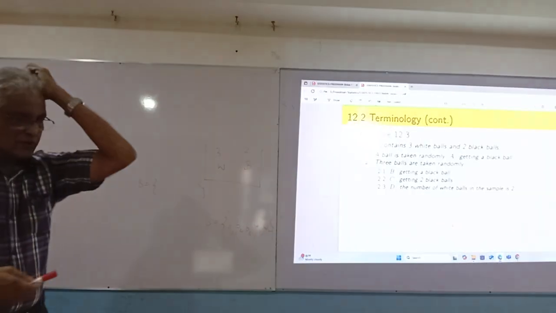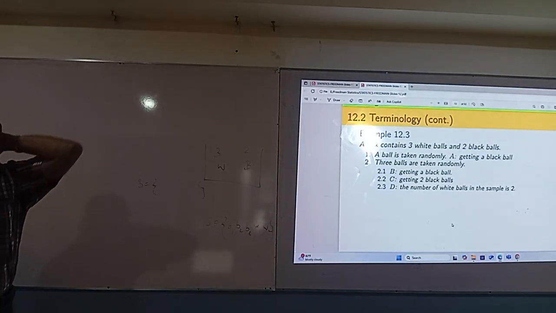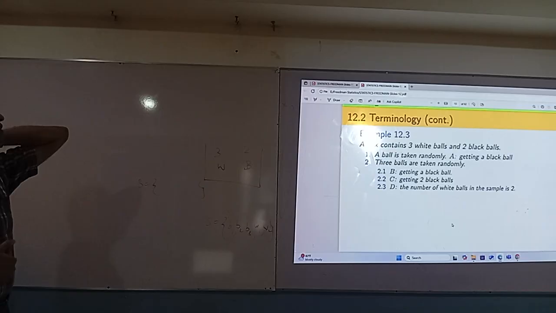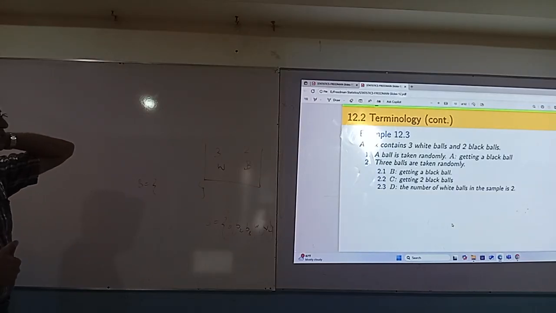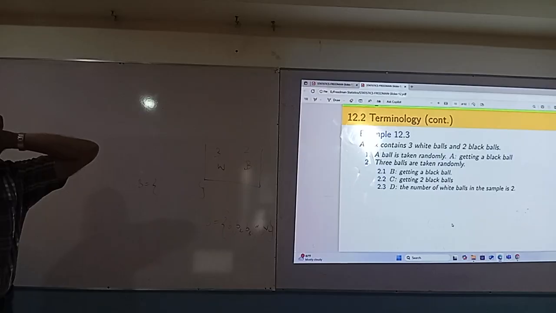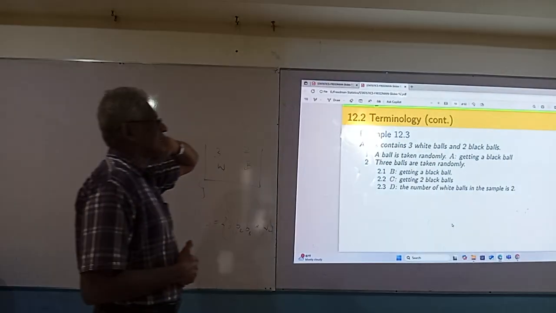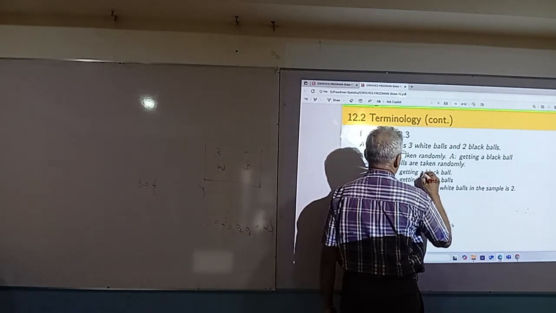So one might ask, when you say getting a black ball, getting 2 black balls, is it included or not? That's also a question. So probably this event is not very clear enough. Somebody will have to say getting 1 black ball if you really want. Getting 2 black balls is a different event. Or getting at least 1 black ball. So let me change it to getting 1 black ball.